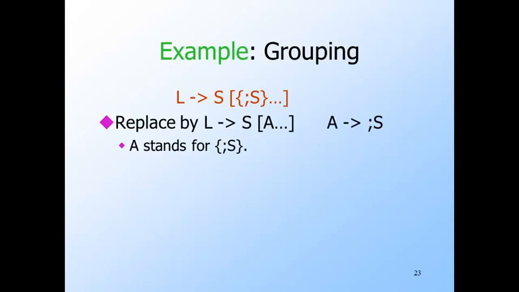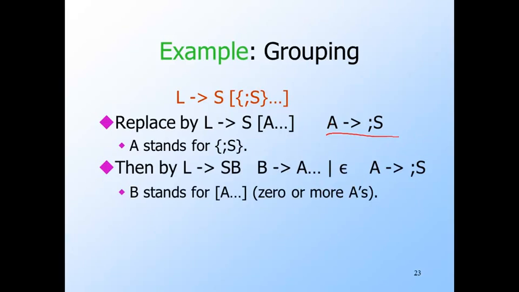The first thing we'll do is replace the group semicolon S by a new variable A. A has one production in which it is replaced by the thing it stands for. That's this guy right here. And next, we'll introduce a new variable B, which stands for the optional A dot dot dot. B has two productions.